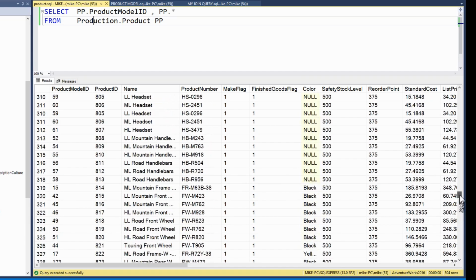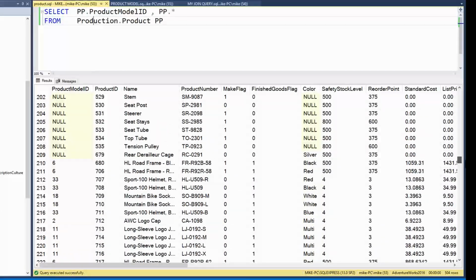But if we scroll midway, we can see that the first 209 don't have a product model ID, and only about the last 300 or so actually have a product model ID. So, of the products, only 300 or so have a product model ID.